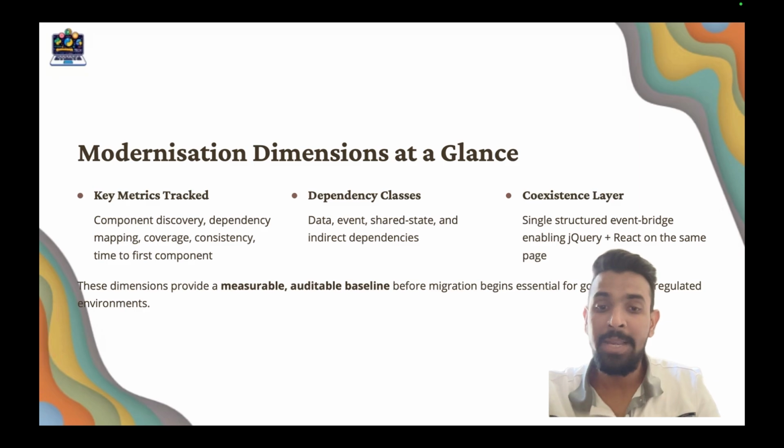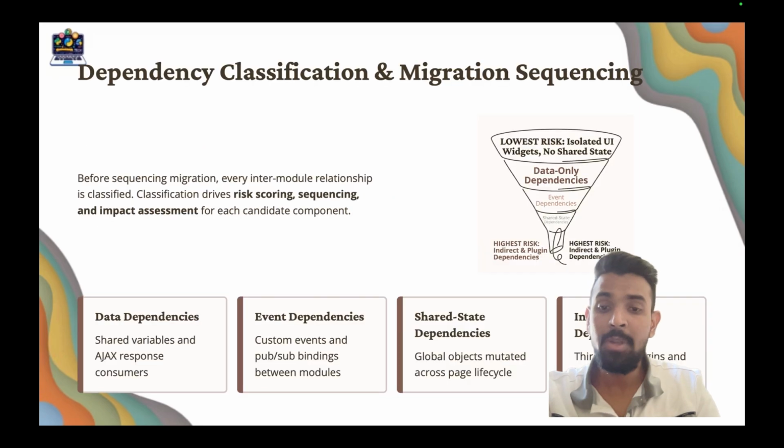Together, these metrics help engineering teams understand progress while giving architects, project managers, and business stakeholders objective visibility into the modernization effort. One thing I have learned is that successful projects aren't driven by assumptions. They are driven by measurable progress. Once we can measure the application, we can begin answering one of the most important questions in modernization. What should we migrate first?